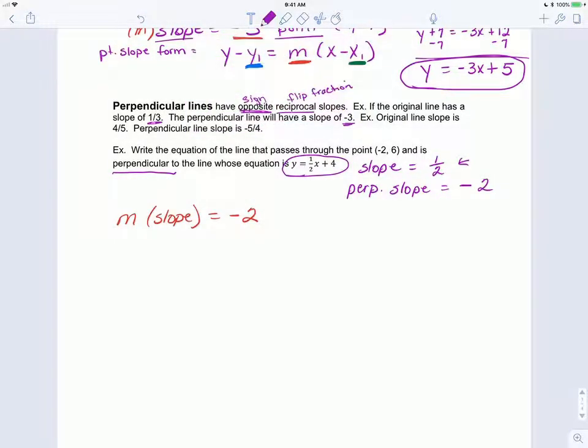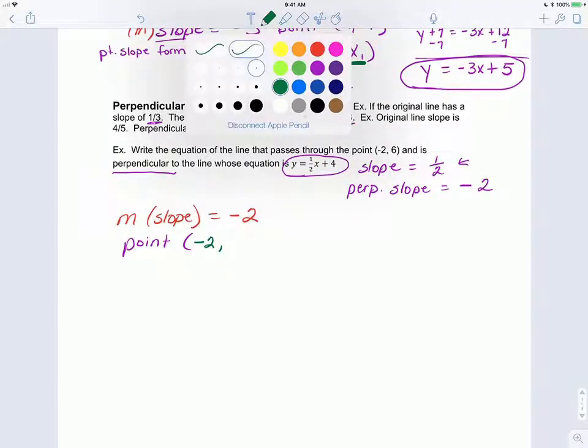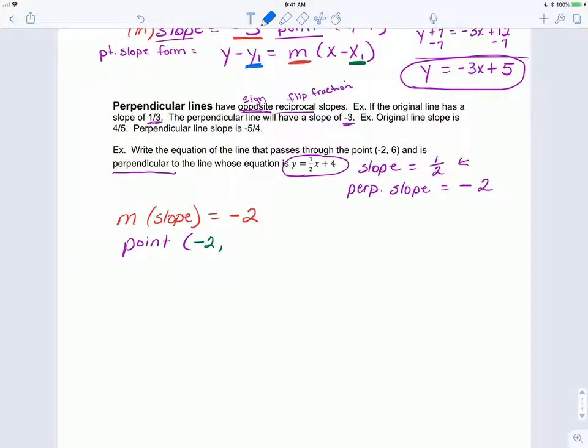And then we have the point that it passes through, -2, 6. Okay, so this is my x1, and that's my y1 in the same equation. So y minus y1 is equal to m times x minus x1.